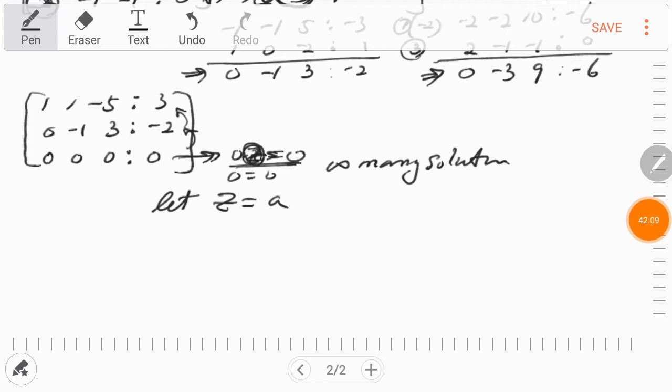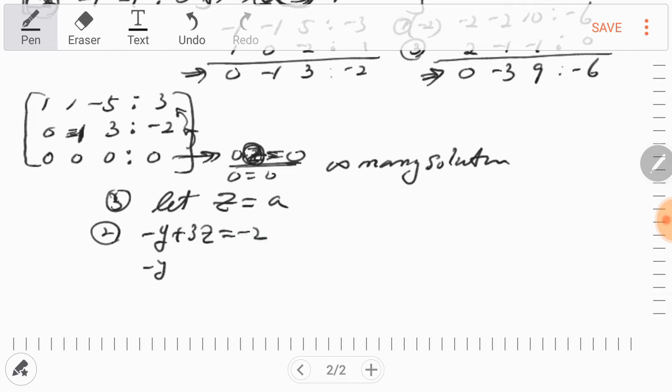The matrix that we have is not in row echelon form because this is -1, but still it's okay when we find the solution. So since z equals a, from the second row, the equation is -y plus 3z equals -2.